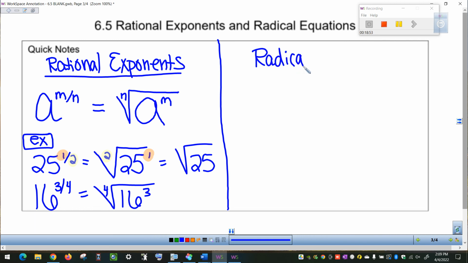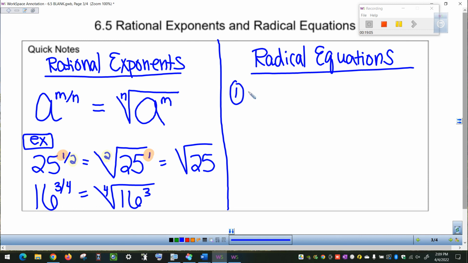All right, our last learning target here was to apply techniques to solve radical equations. And there's 3 steps here that I want you to write down for this process.